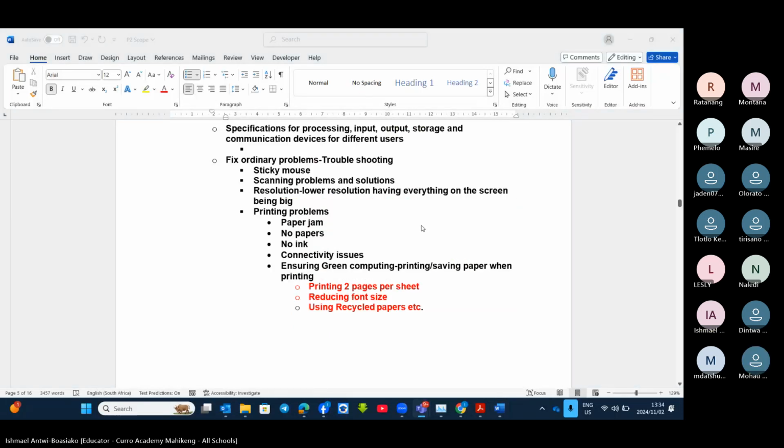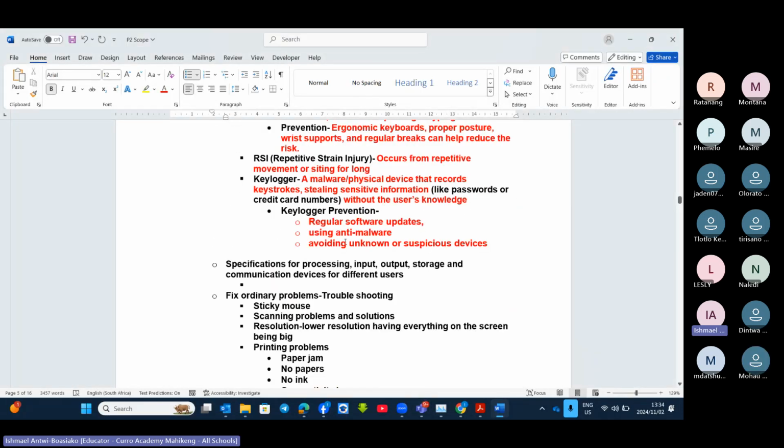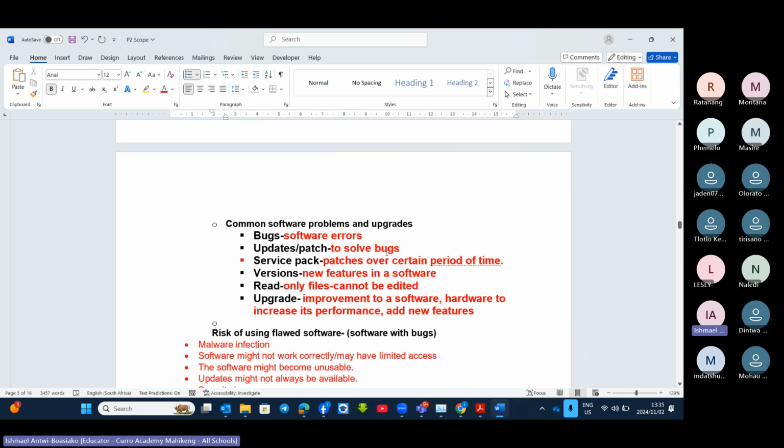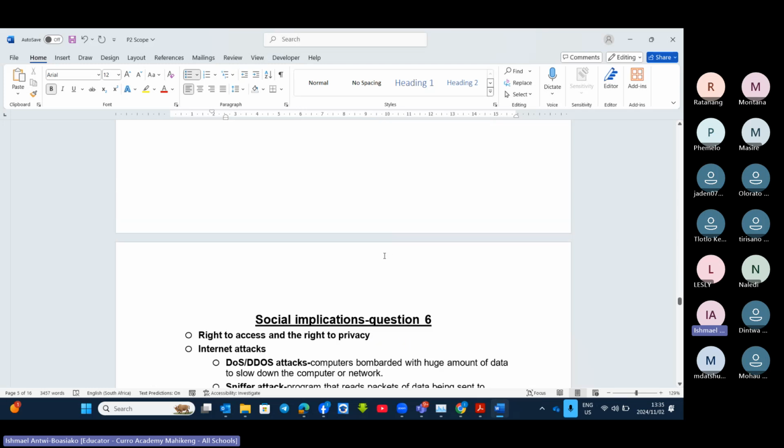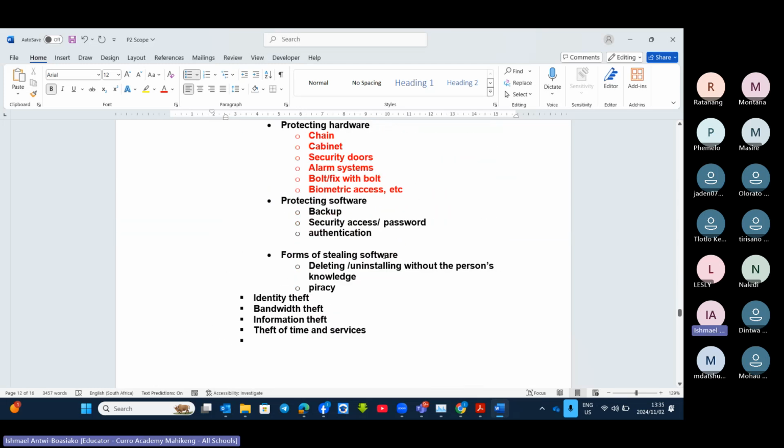Right. And then how to prevent keyloggers: by updating regularly, using anti-malware, or avoiding unknown websites or devices. So take note of these criminal activities, or the computer crimes.